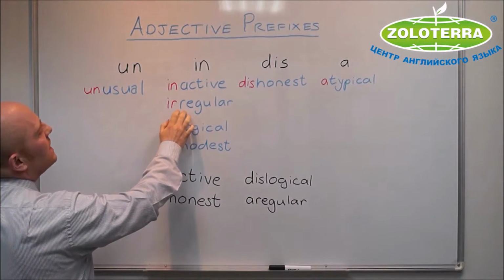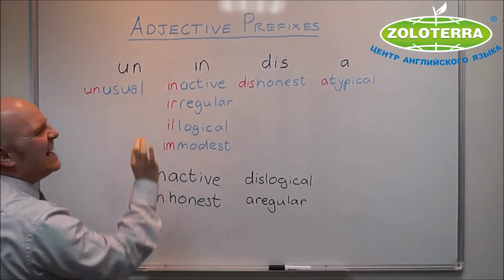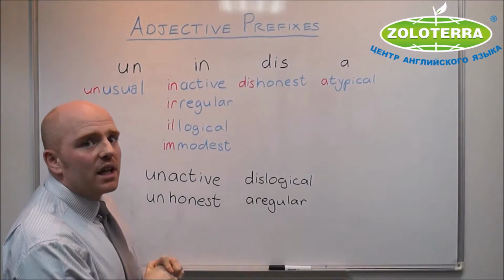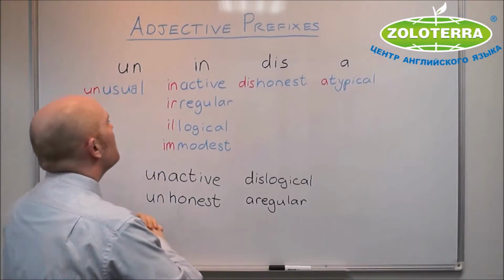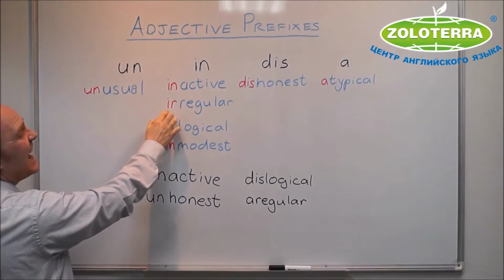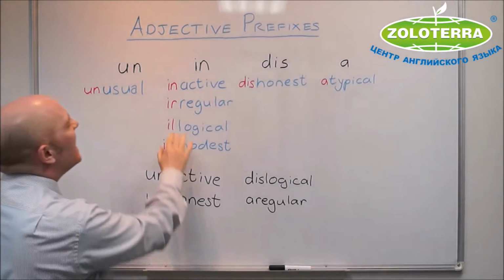However, notice here, we have regular. We don't say inregular. If an adjective begins with the letter R, the prefix is ir, spelled I-R. Not inregular, but irregular.